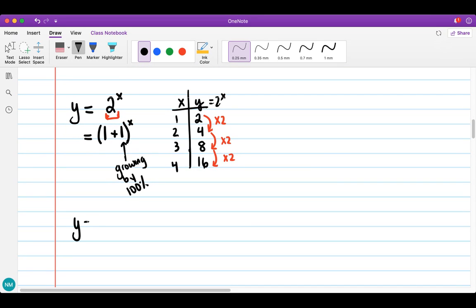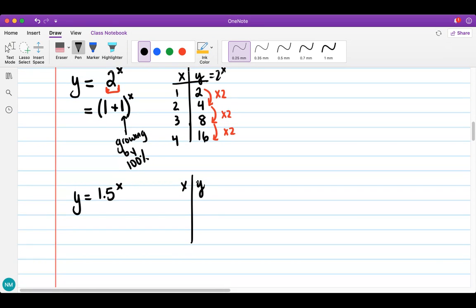If I have y equals 1.5 to the x, right? Let's make it visual on a table. So if I have 1, 2, 3, let's go 4, okay? 1.5 to the first is just 1.5.